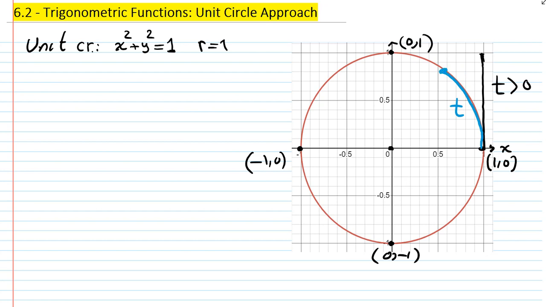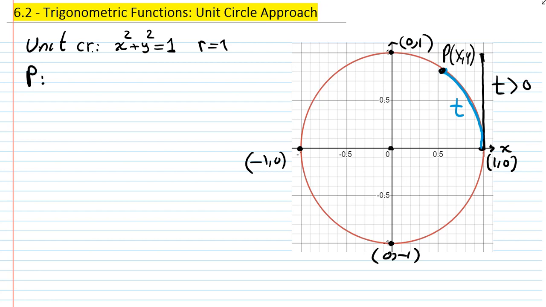Therefore, corresponding to the length of this line, which now is arc length, is a point P whose coordinates are (x, y). We can see it here. That's the x and that is the y. Whatever those are, looks like 0.6 and 0.8, something like that. But what's important is that we can represent a point on the unit circle that corresponds to t.